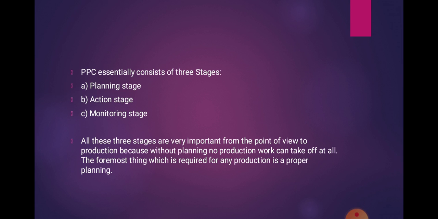Material means the planning for procurement of raw material, components, and spare parts in the right quantities and specification at the right time from the right source at the right place. Once again, I tell you, planning for the procurement of raw material, components, and spare parts in the right quantities and specification at the right time from the right source at the right place.